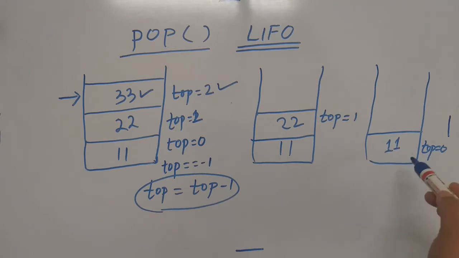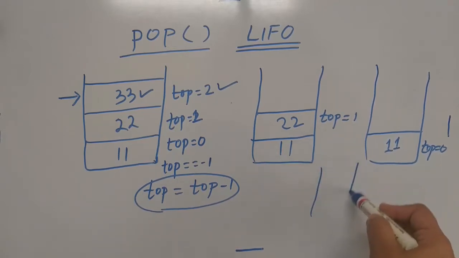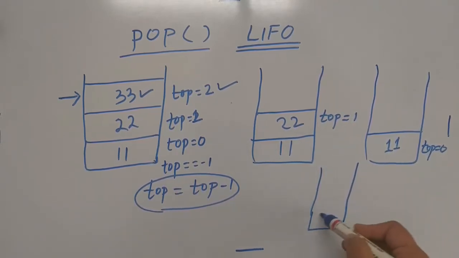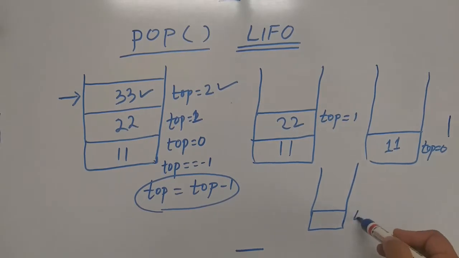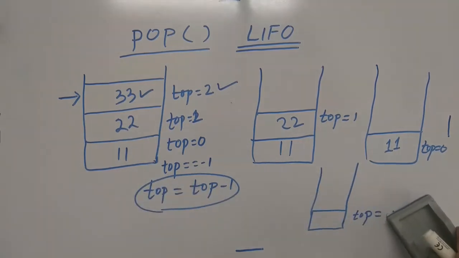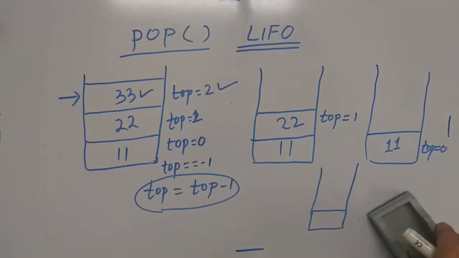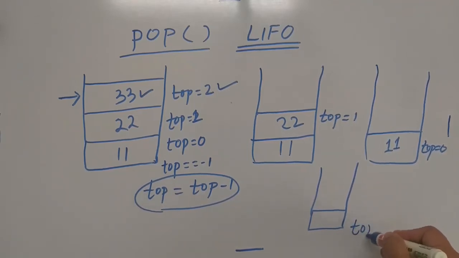If we want to delete the last element, the top value is 0. After deletion of 11, the stack is empty. So what is the next top value? The top is once again decremented and the top is now equal to minus 1.